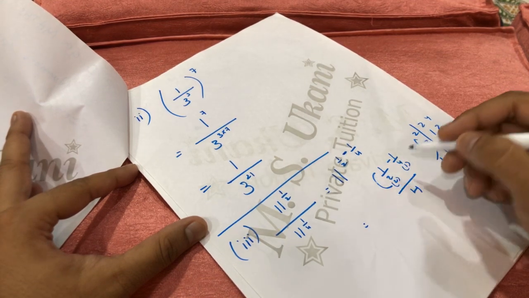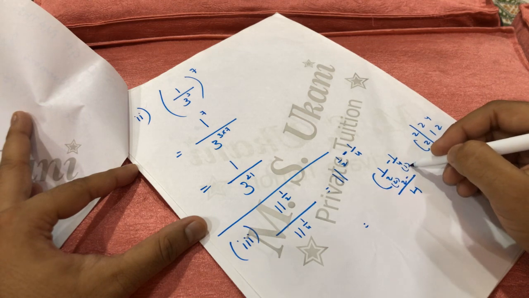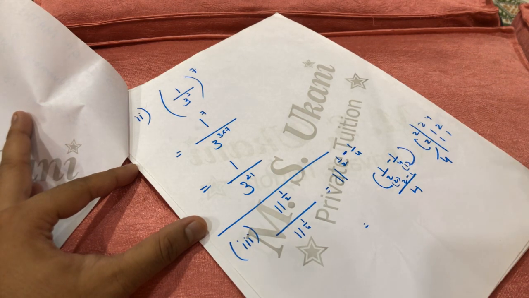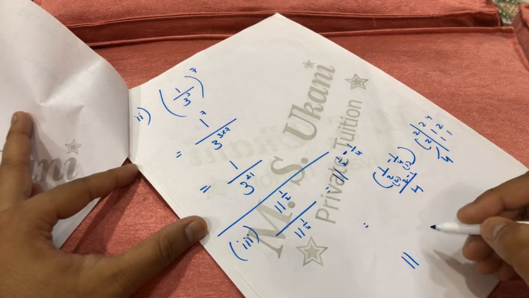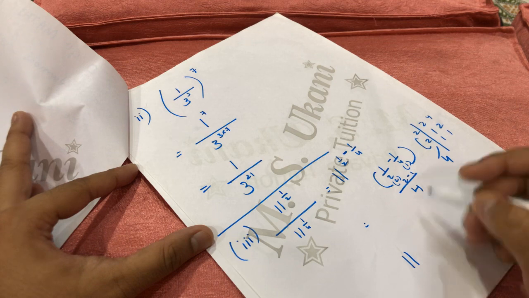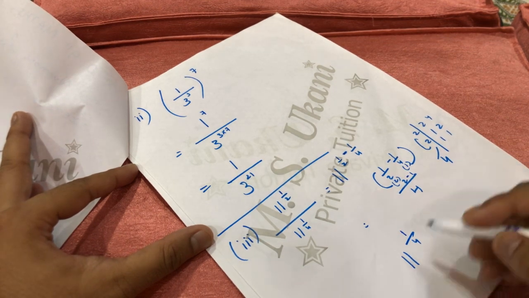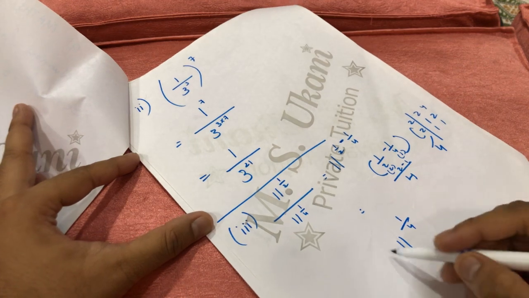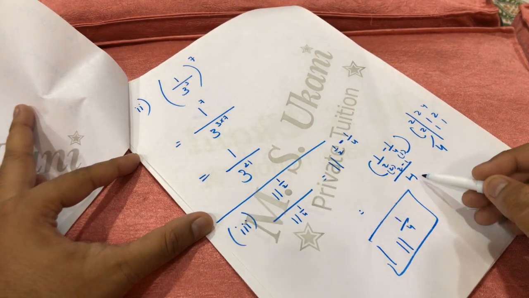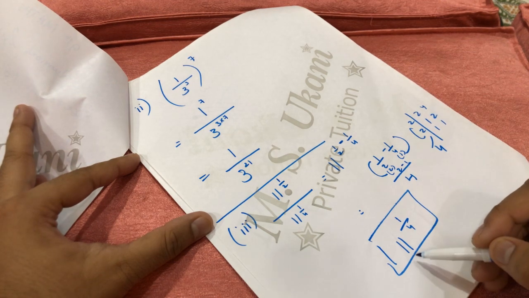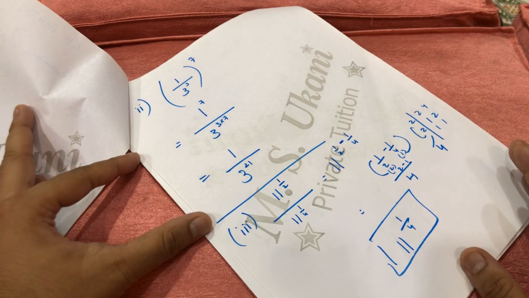So 2 ones are 2 minus 1 one is 1. So we will write 2 minus 1, which means 1 upon 4. So this is our final answer: 2 minus 1 means 1 and our LCM is 4. So 11 raised to 1 upon 4 is our final answer.